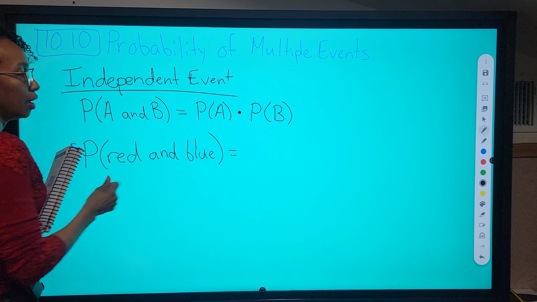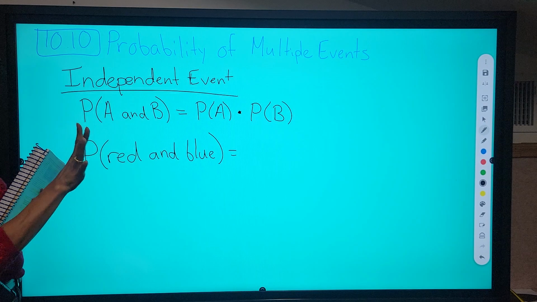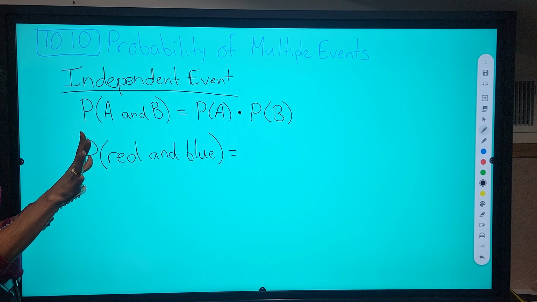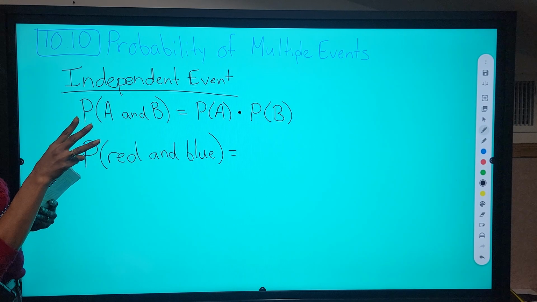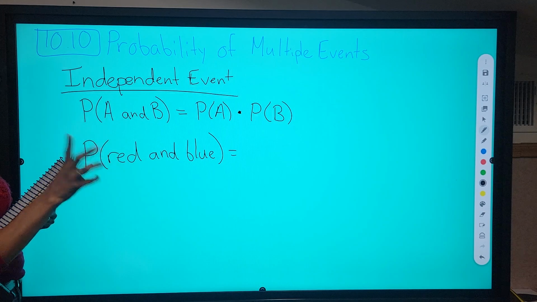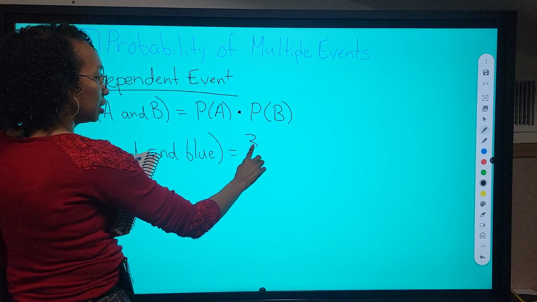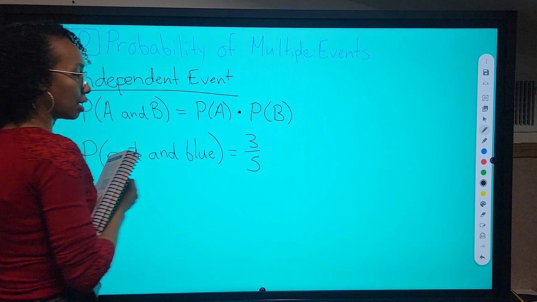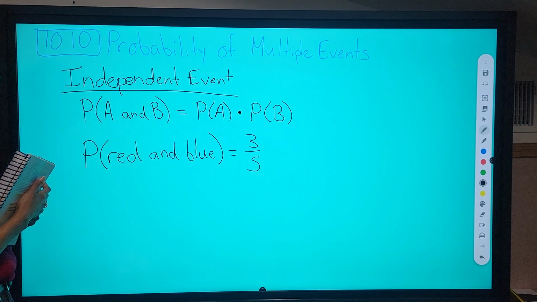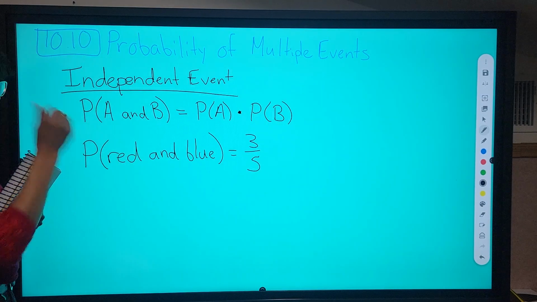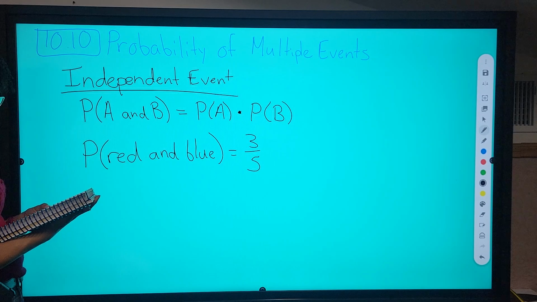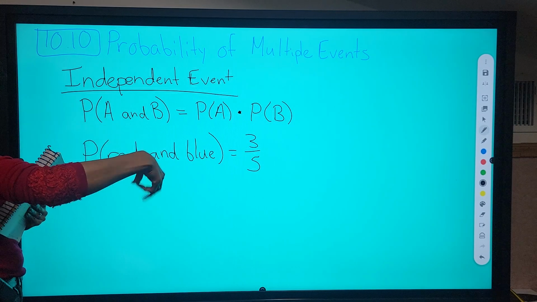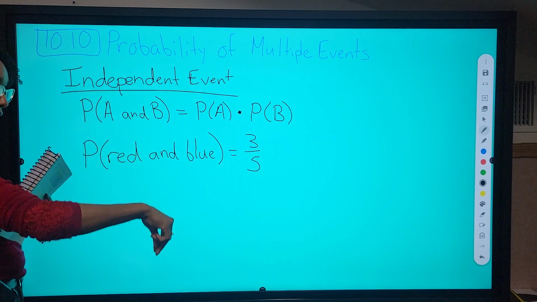okay? And in this case, there were 5 marbles in the jar. 3 of them were red. So the probability of drawing the red marble would be 3 out of 5, or a 3 in 5 probability. You would first draw the marble and then put it back in.